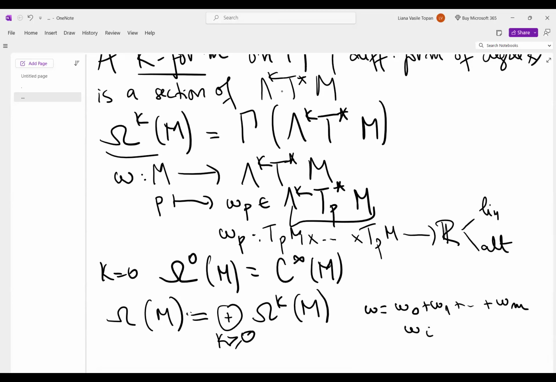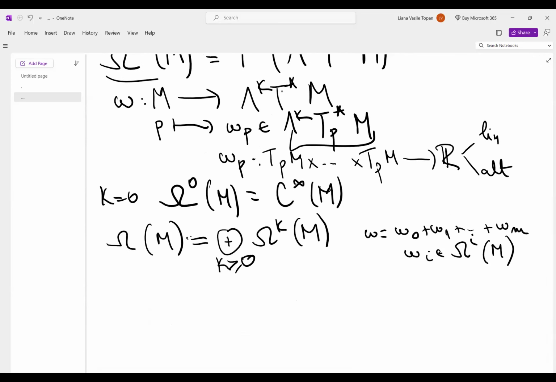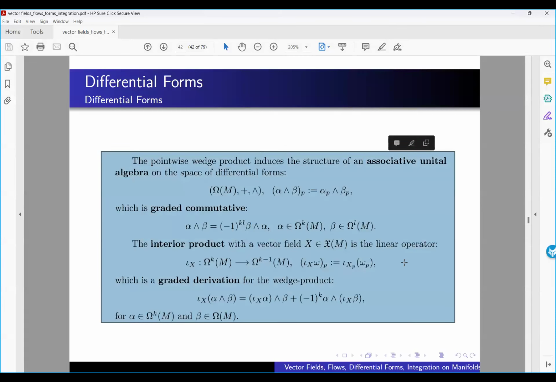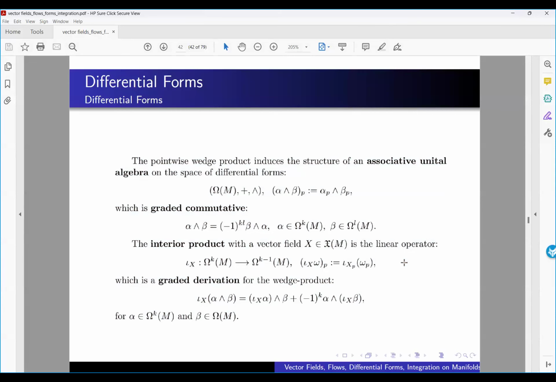Every omega here belongs to the corresponding space of differential forms, so it will be a differential form of degree i on M. Okay, and now we can define the wedge product, extending the wedge product on this.